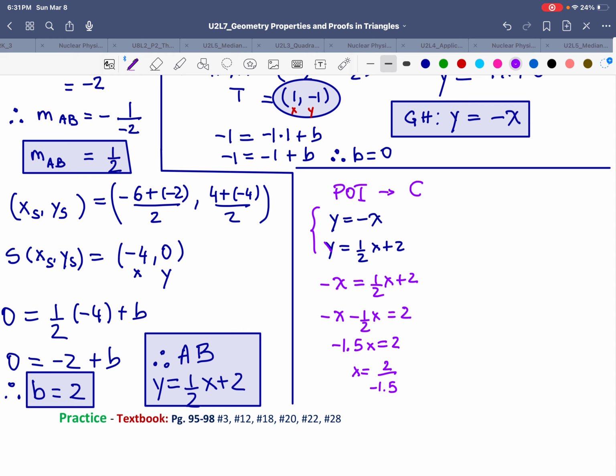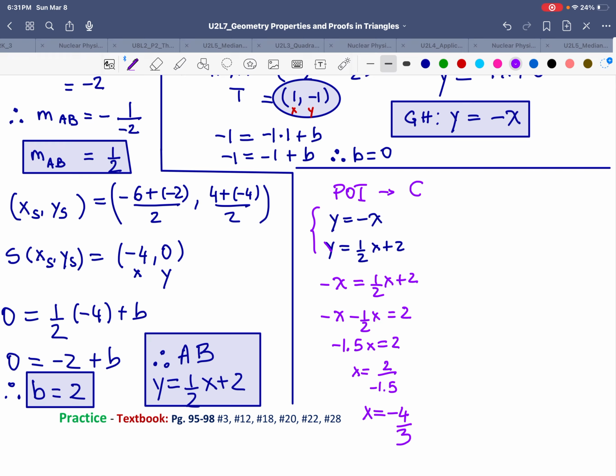From there, x would be 2 divided by -1.5, which is basically like 3 over 2. When you simplify this, that is multiplication by 2 over 3, but simply use the calculator. That would be equal to -4 over 3.